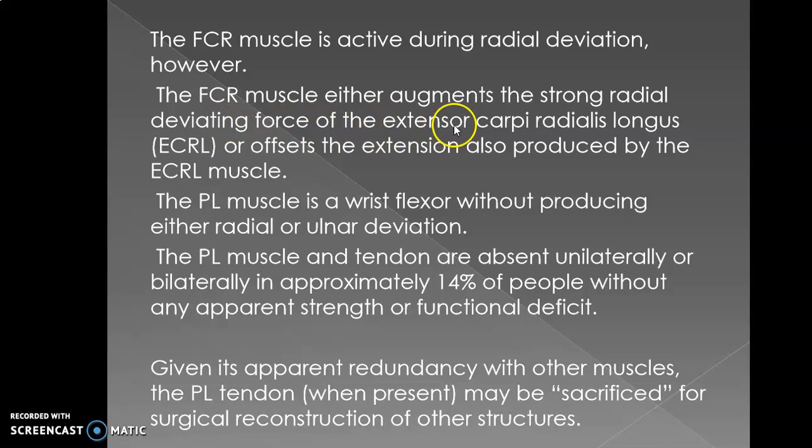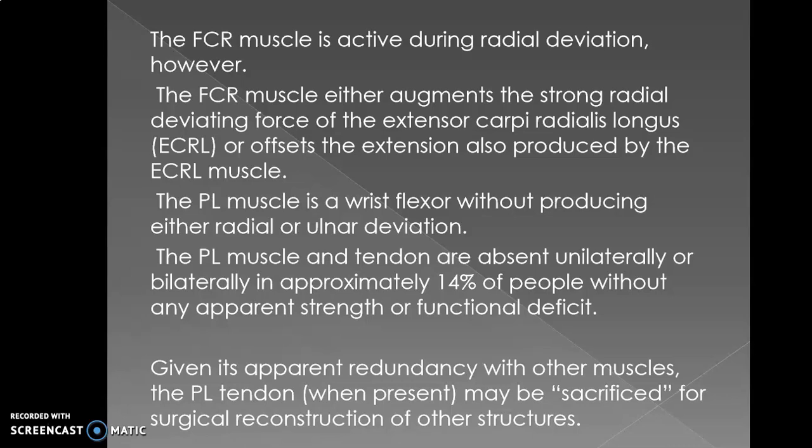So it produces a deviating force along with the extensor carpi radialis longus, or it offsets the extension produced by the extensor carpi radialis longus. So it either acts together with the ECRL, the extensor carpi radialis longus, the flexor carpi radialis acts for radial deviation, or it will act against the extension power of the extensor carpi radialis.